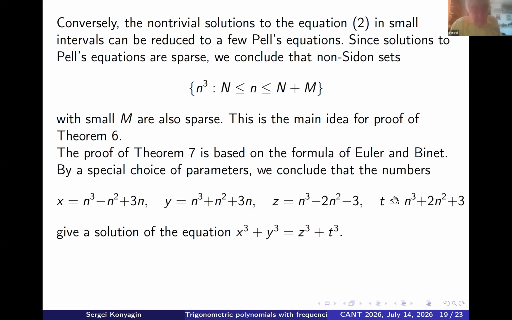Sorry. The proof of theorem 7 is based on the formula of Euler and Binet. Euler constructed an infinite series of solutions to the equation x cubed plus y cubed is z cubed plus t cubed. For some choice of parameters, we can take such x, y, z, and t, and you see that these numbers belong to a small segment.